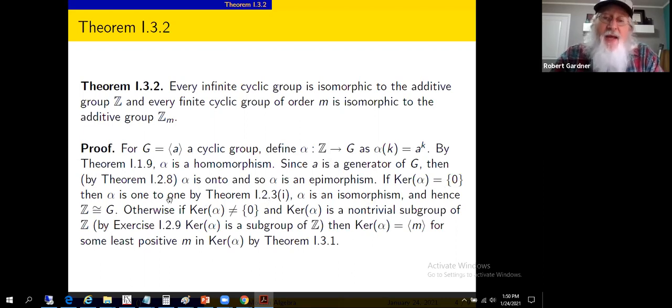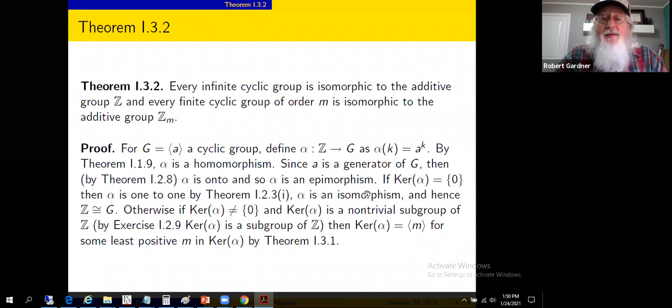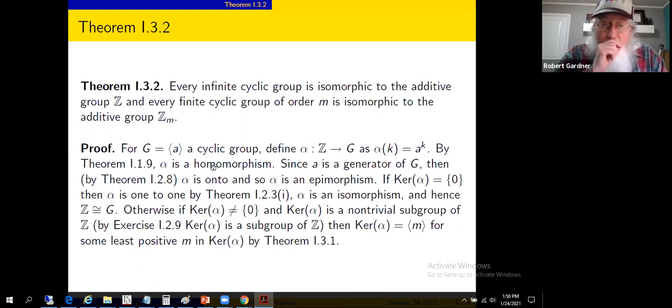mapping, an injective mapping. So if that's the case, then this epimorphism is in fact an isomorphism, one-to-one onto homomorphism, or if you like, injective, surjective homomorphism, or if you like, bijective homomorphism. So there's all the lingo that goes with this stuff.